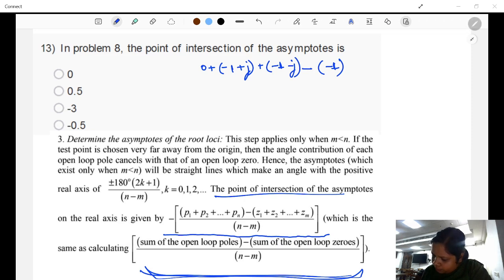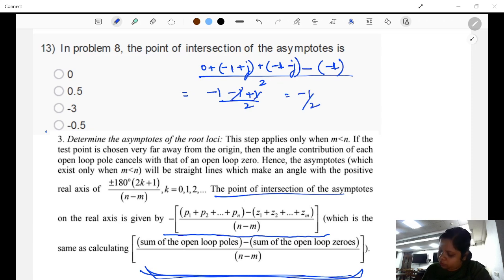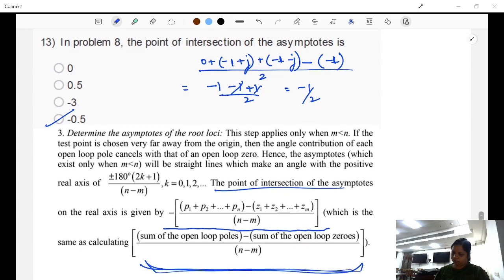Upon n minus m, which is 2. So it is minus 1, j cancels out, minus 1 plus 1 upon 2. So it is minus 1 upon 2, minus 0.5 is the answer. This is the point of intersection of the asymptotes.